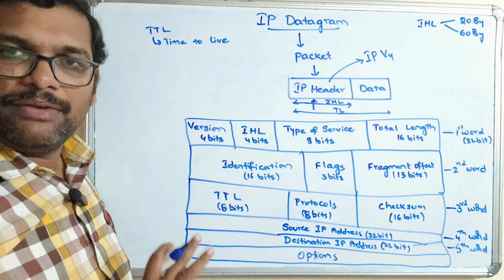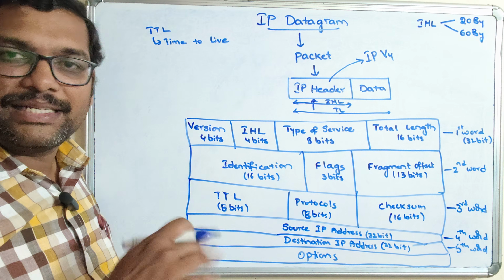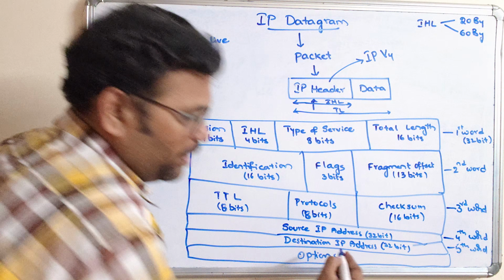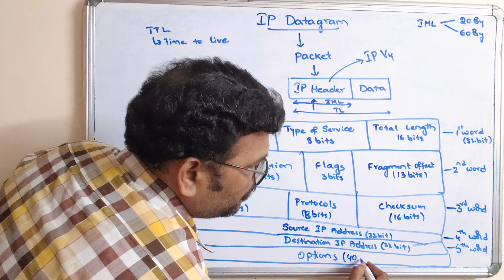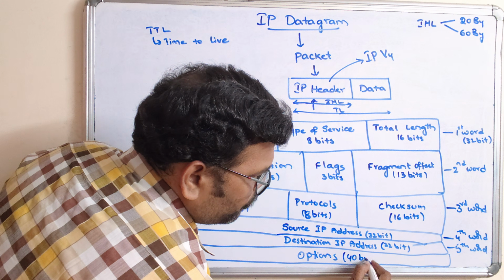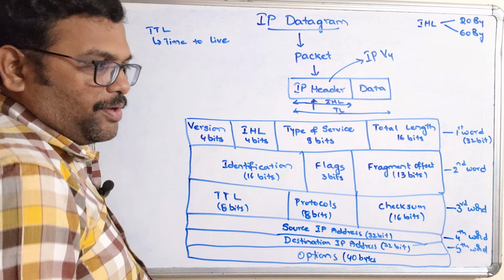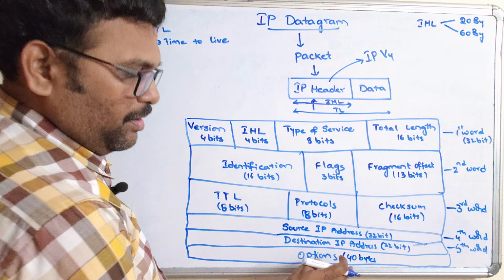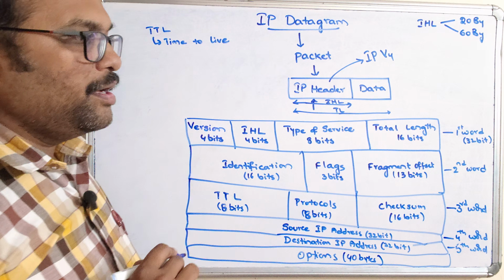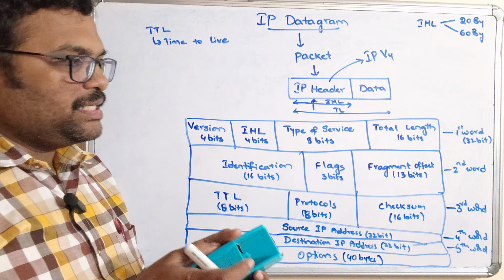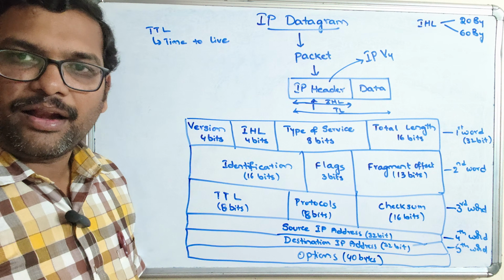This is an optional field, which will have the sender route and receiver routes, right? This optional field will be 40 bytes. So this implies this is the complete IP header.